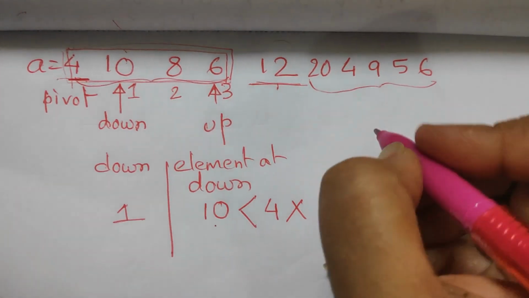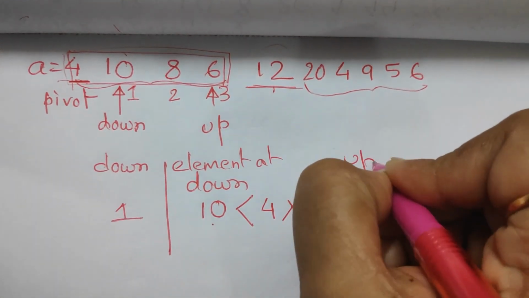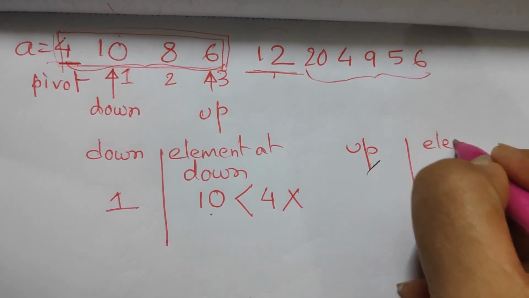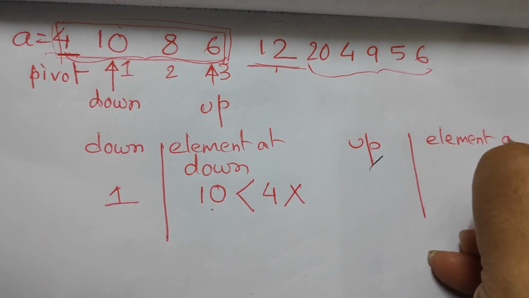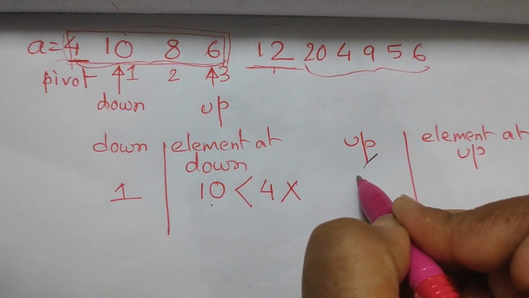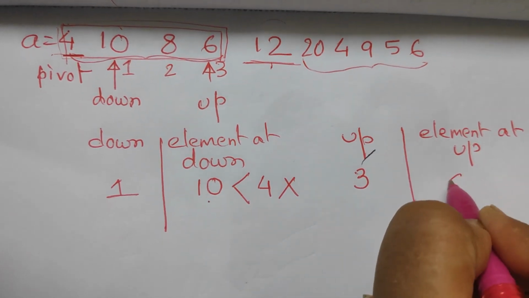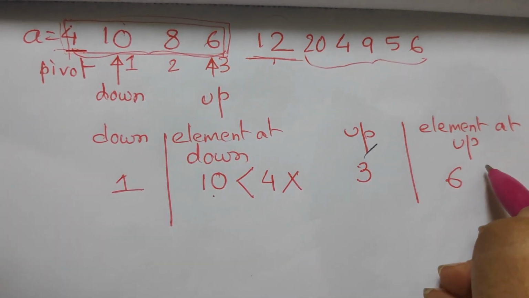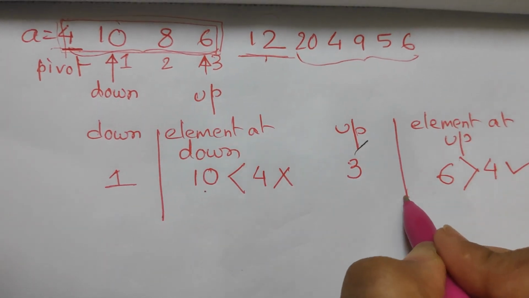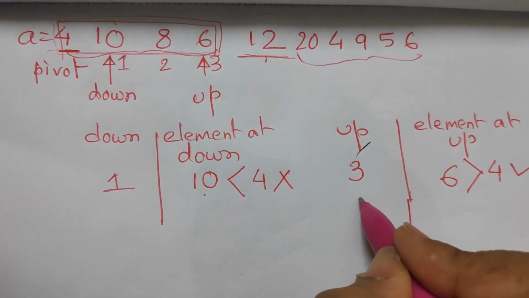Right? So now we come to the up index. The up index is 3 and the element is 6. 6 greater than 4 is correct. So we decrease the value of up.